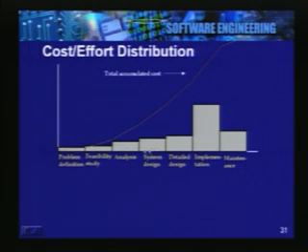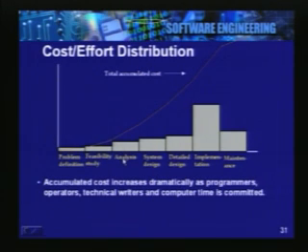As you see, some of the earlier steps have smaller effort and cost than the subsequent steps. For example, the detailed design and implementation are very effort-intensive steps. The line here is a cumulative cost, and as you see, it increases rapidly as we progress in the development.